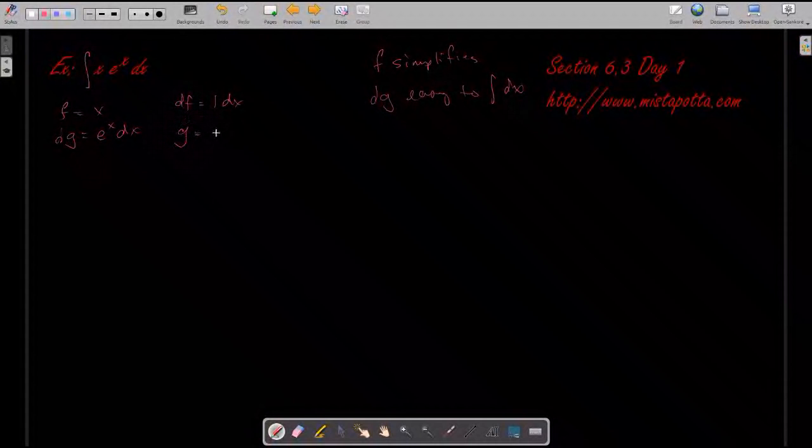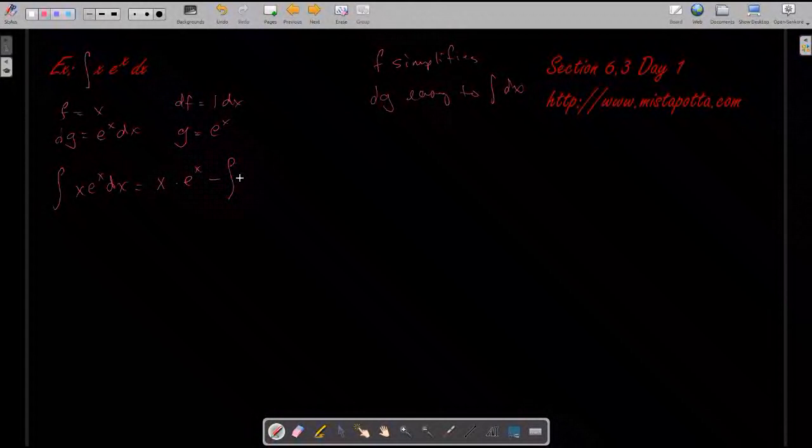And so the integral of x e to the x dx is equal to f times g minus the integral of g df.